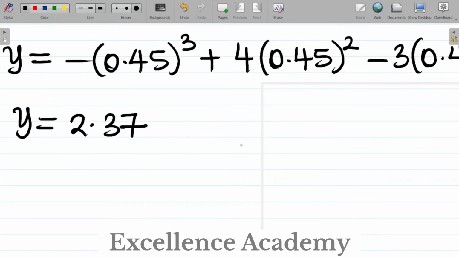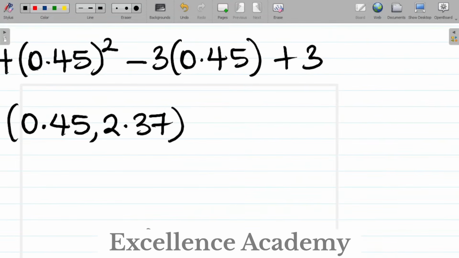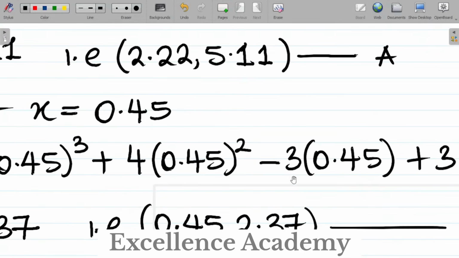That is the second point: at x equal to 0.45, y equal to 2.37. This becomes point B. Now, out of points A and B, one is a maxima, one is a minimum value.